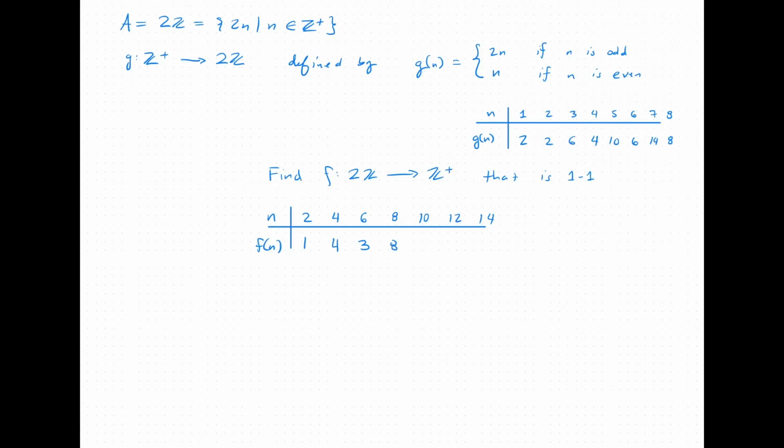And finally, for 10, it will be 5, since 5 is the least n that maps to 10. And then we continue in this manner. For 12, this is going to correspond to 12 itself. And then 14 will correspond to 7.